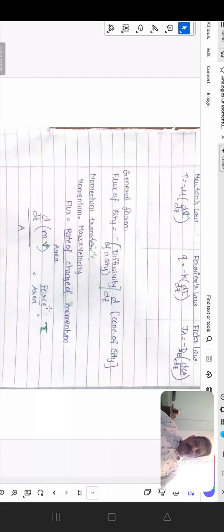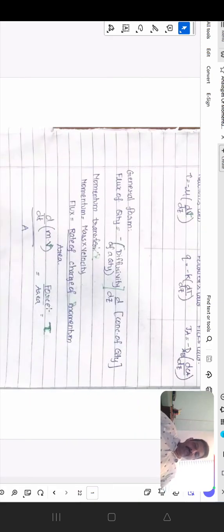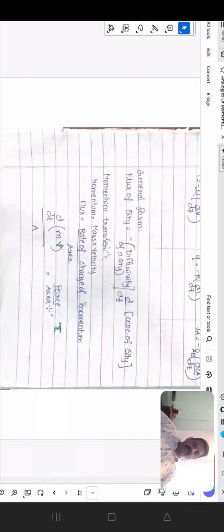Now let's take momentum transfer. What is the quantity? What is momentum? Momentum is nothing but the product of mass and velocity. So what is flux? Flux is nothing but rate per unit area. Rate of what? Rate of change of momentum per unit area.